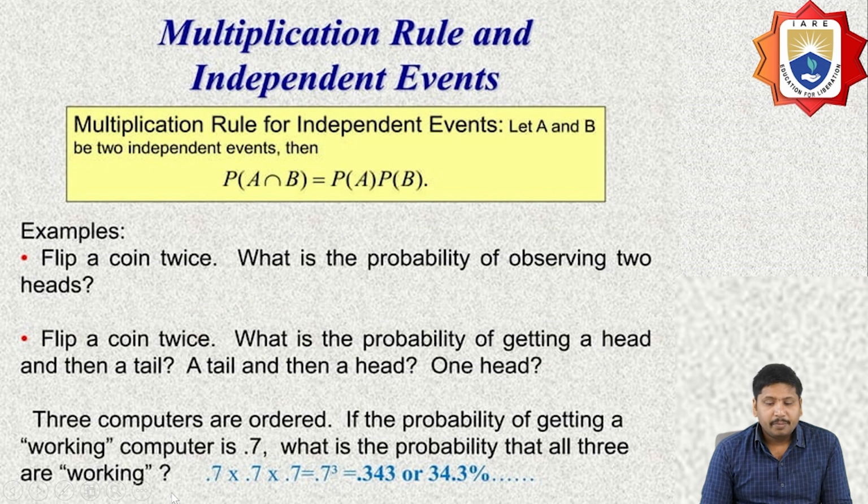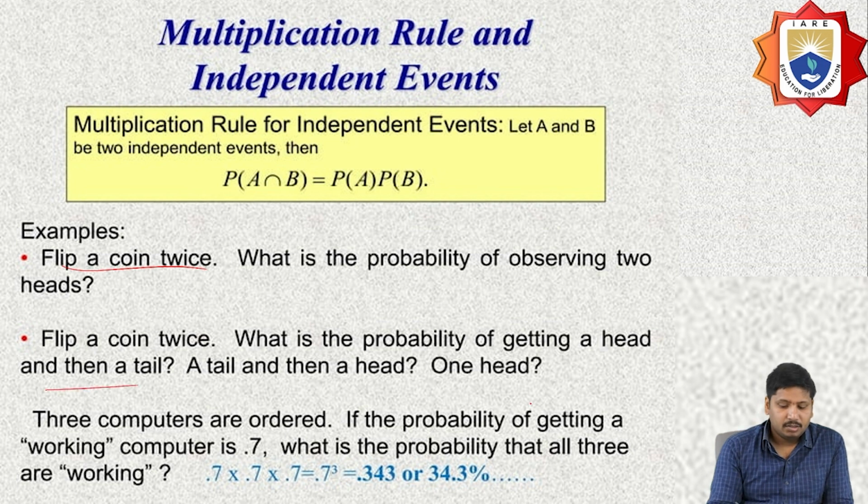Next, we are going to have the multiplication rule for independent events. For independent events A and B, the probability of A intersection B should be treated as probability of A times probability of B. For example, if we toss a coin twice, what is the probability of observing two heads? What about the probability of getting head and tail, tail and head, and one head?